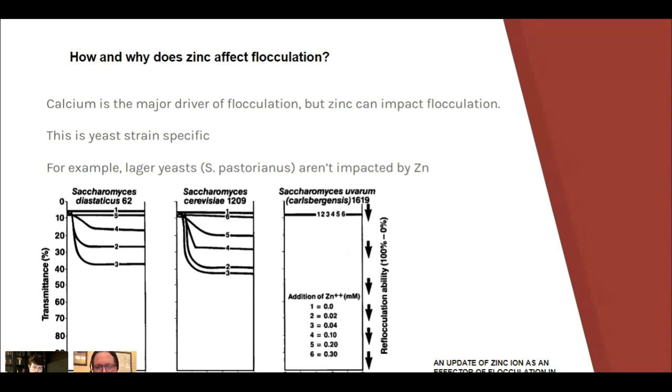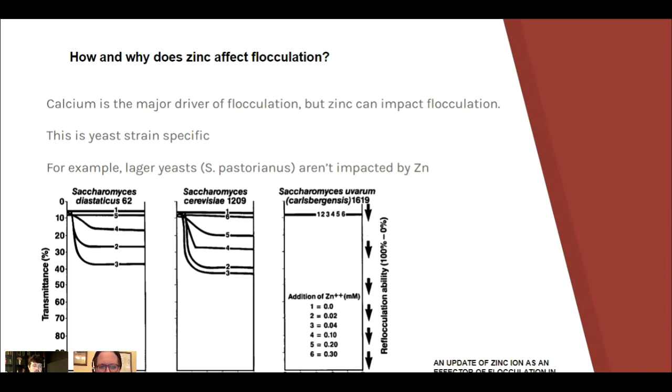But yeah, zinc can also impact flocculation. It does seem to be strain specific. This is some research from 1990 showing that two ale yeasts do respond to zinc, and it helps them with flocculation. But then you look at the lager yeast on the right, and nothing's happening.